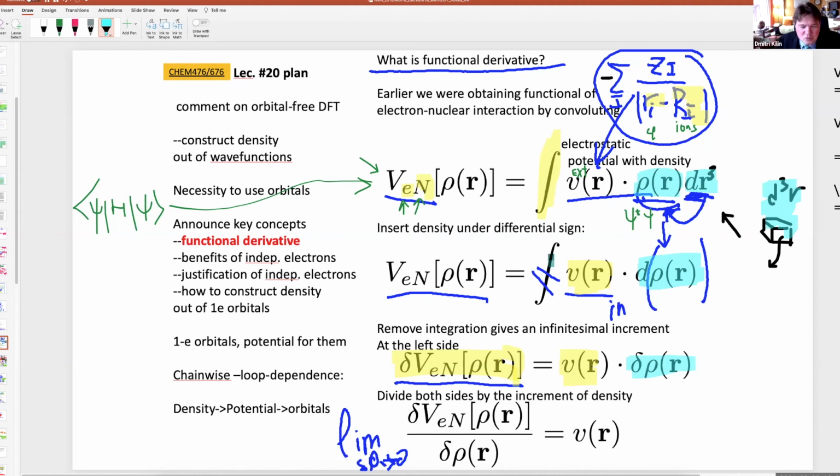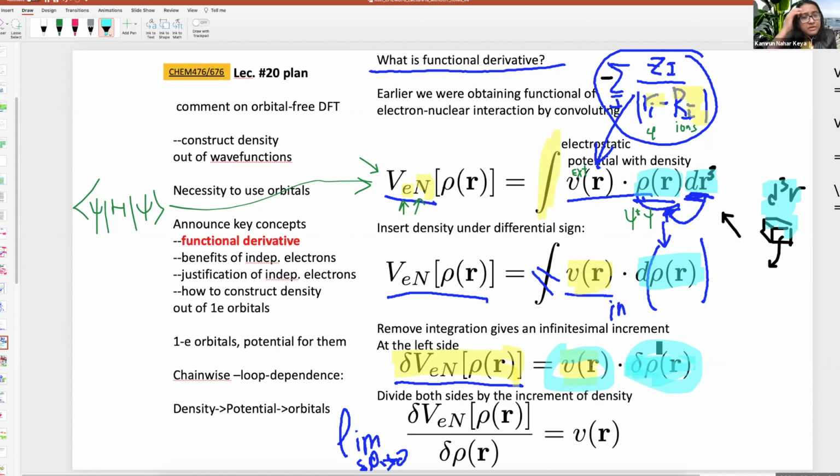If you remove the integral and look just for the infinitesimal contribution to energy from an infinitesimal contribution of density, then it will be potential times increment of density. So please say yes or no here. Is it more or less okay?